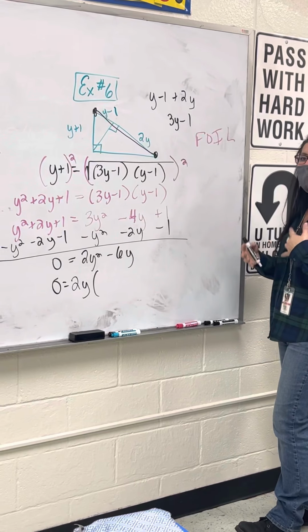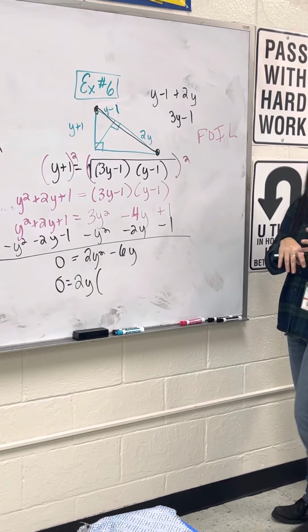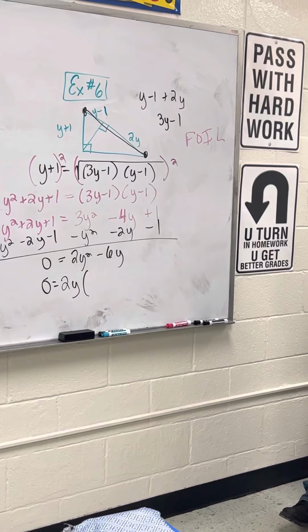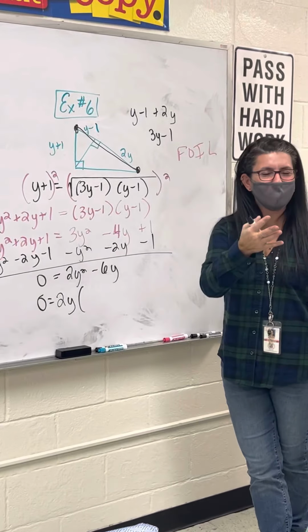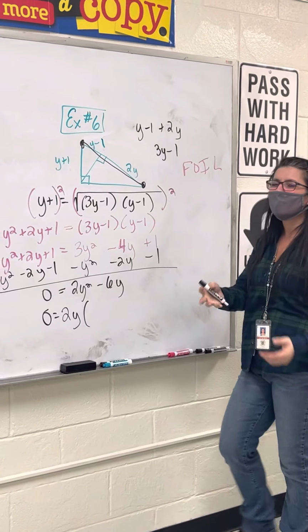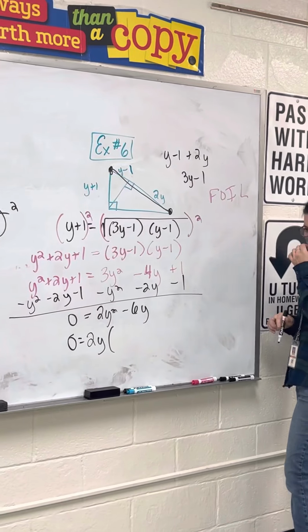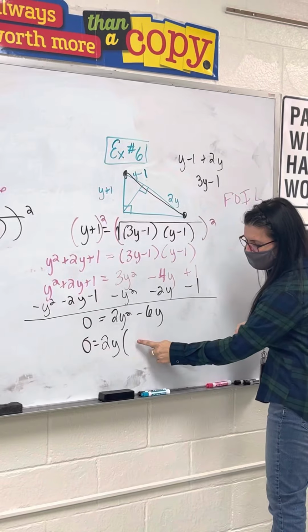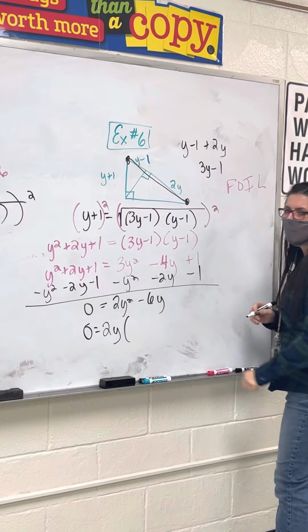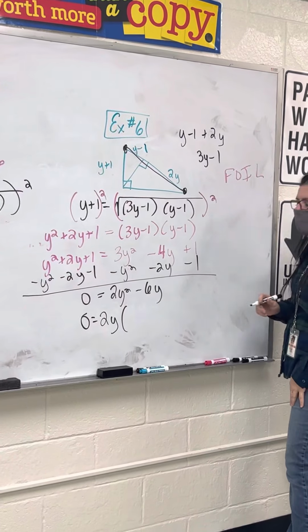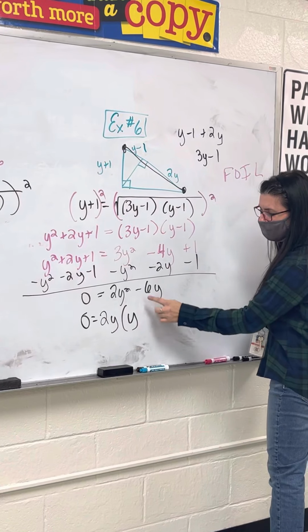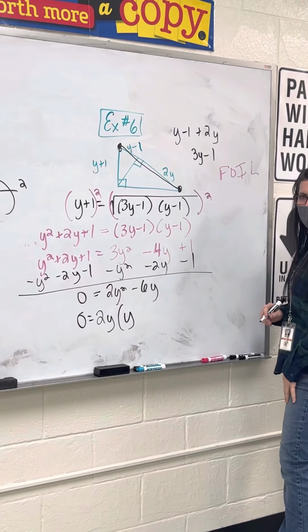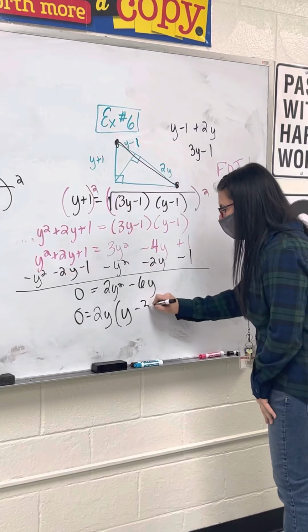So I'm kind of undistributive propertying it. I know that's not proper English. You're factoring it. You're factoring, exactly. You're factoring by taking something out that they have in common. So 2y times what would give me 2y squared? Y. 2y times what would give you negative 6y? Negative 3. Good job, guys.